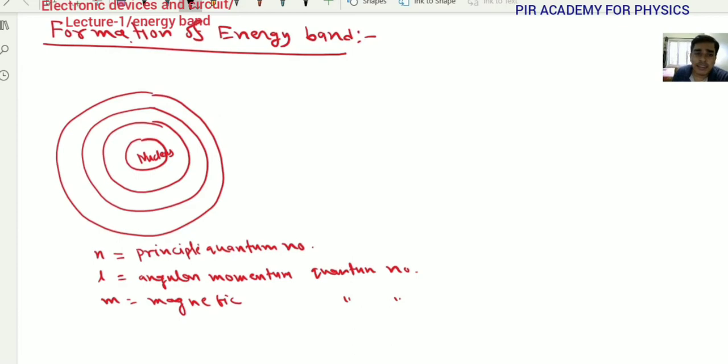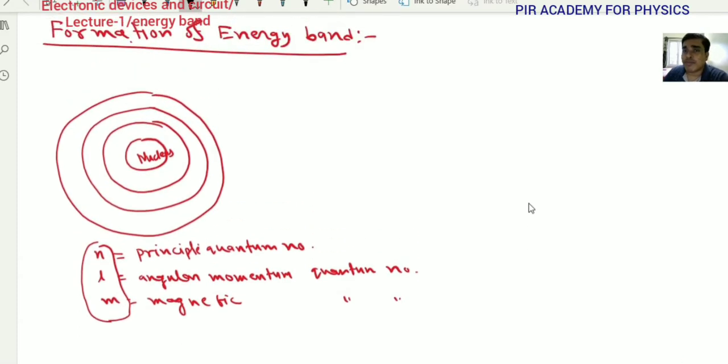So these are the quantum numbers. Using these quantum numbers, we can discuss the position or configuration of electrons in an atom.